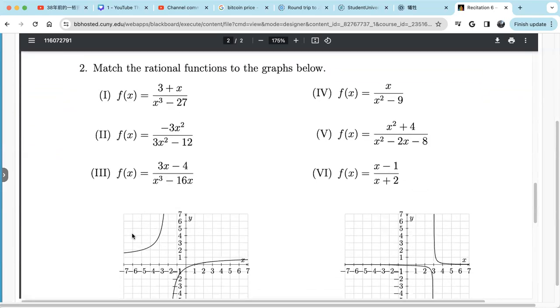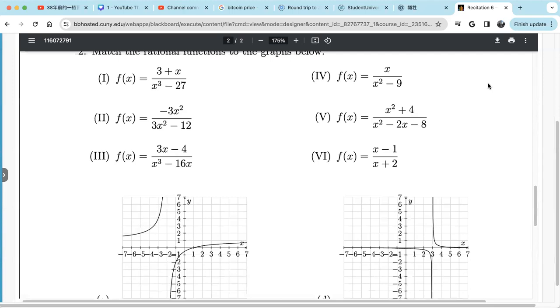So we want to match those rational functions to the graph. Let's see the first one. The first one is x cubed minus 27, which can be factored.